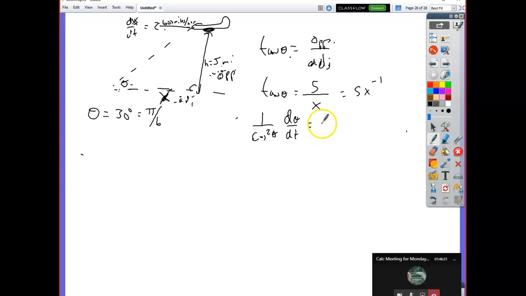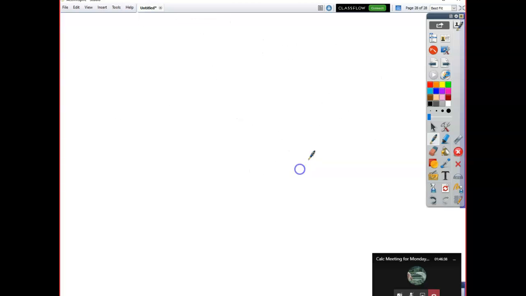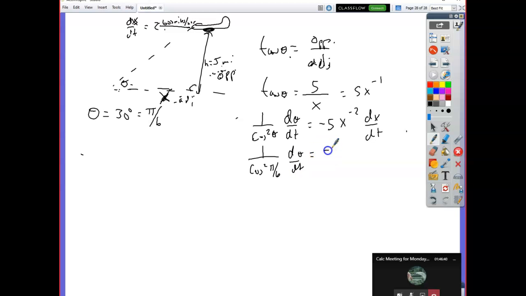Okay, so negative 5x to the negative 2, dx dt. Alright, I'm going to put the x squared back on the bottom. Okay. What's dx dt? Whoops, I wrote it already.